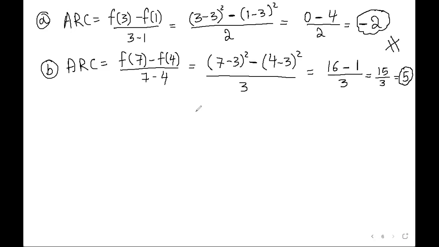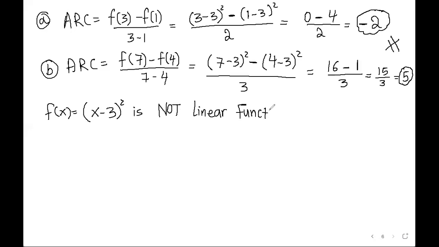Because the function f of x equal x minus 3 squared is not a linear function. Because it's not a linear function, the average rate of change is not the same between any 2 points.